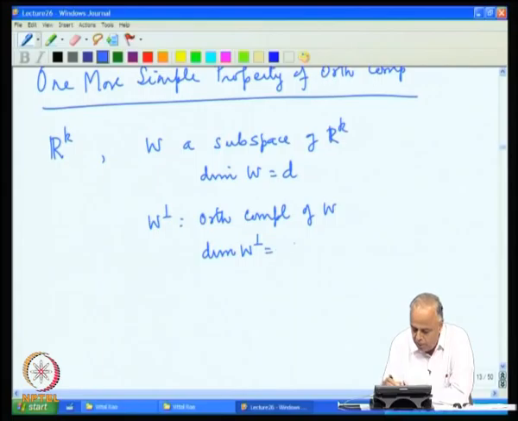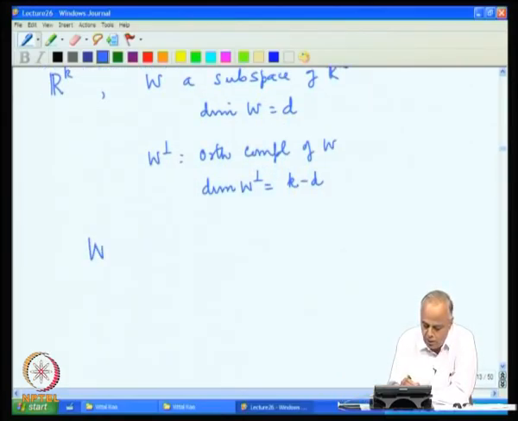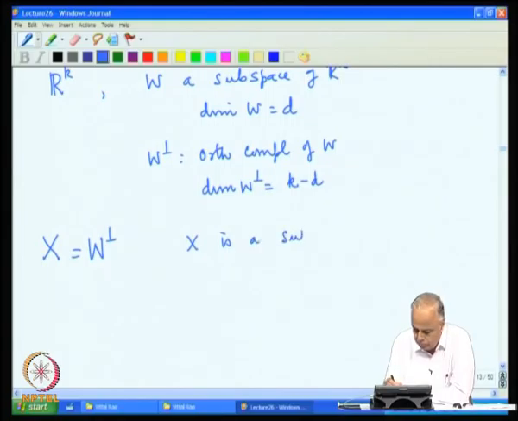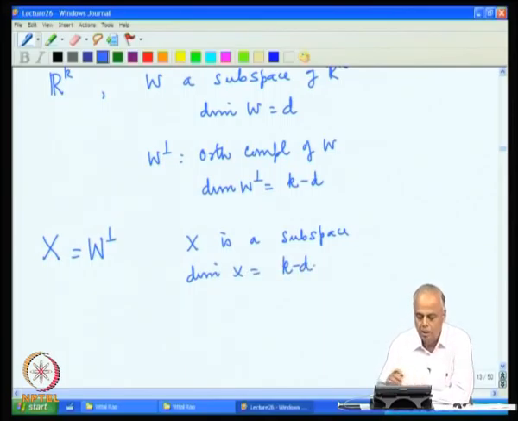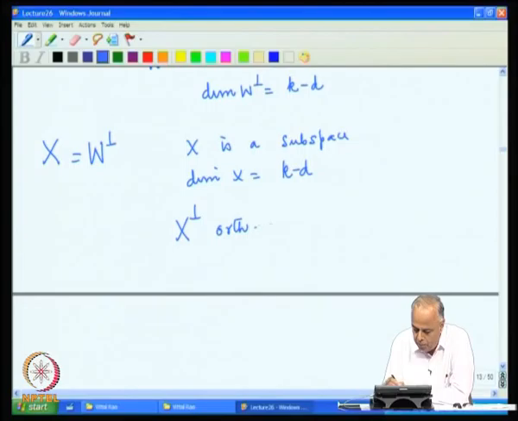So, the dimension of W perp must be k minus D. Now, look at the subspace W perp. Let me call X as W perp. Now, X is a subspace, the dimension of X is k minus D. Now, since X is a subspace, we can talk about X perp, the orthogonal complement of X.